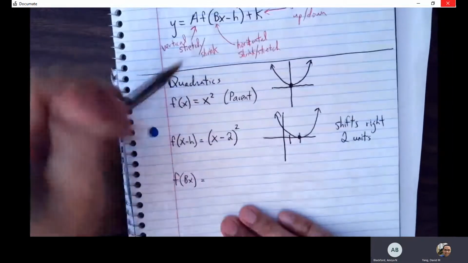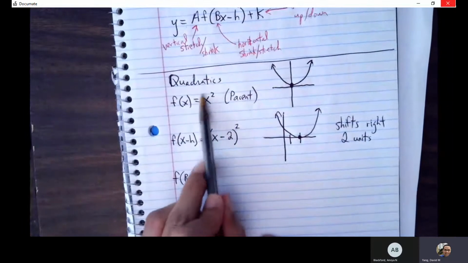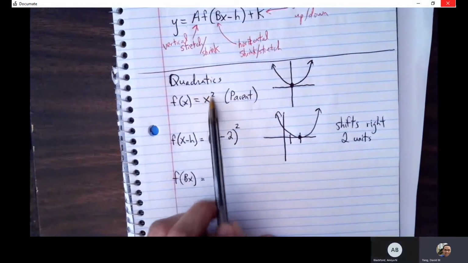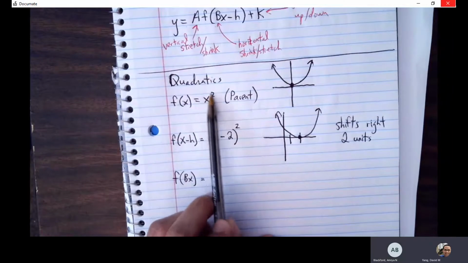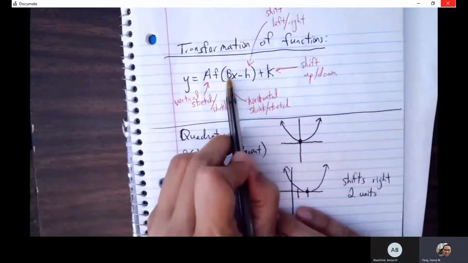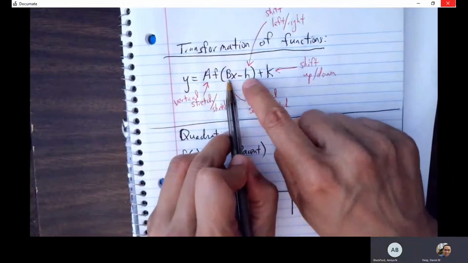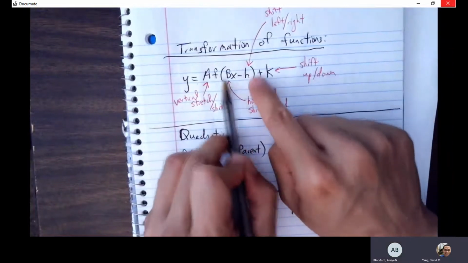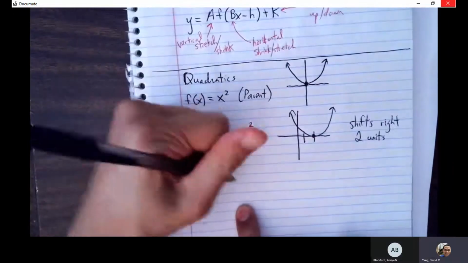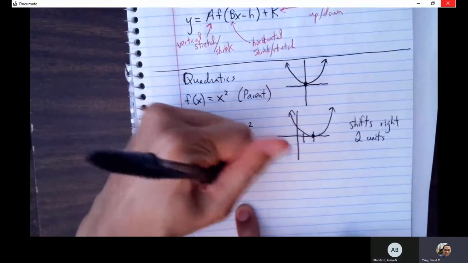Okay. So you would just put 3x in place of this x here. What the parentheses means is that you have to put these values inside the x, with the squared outside. So it's going to be 3x.